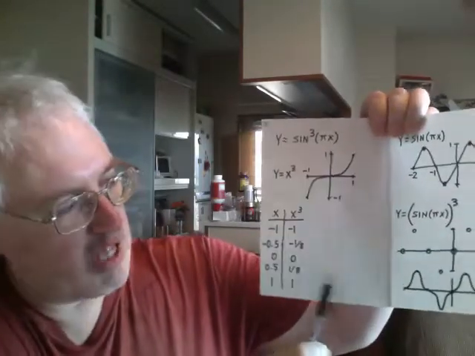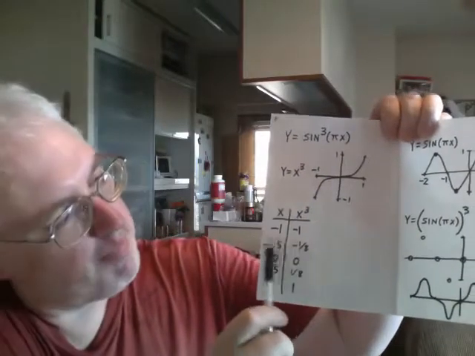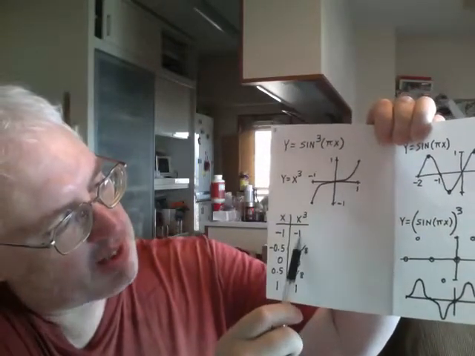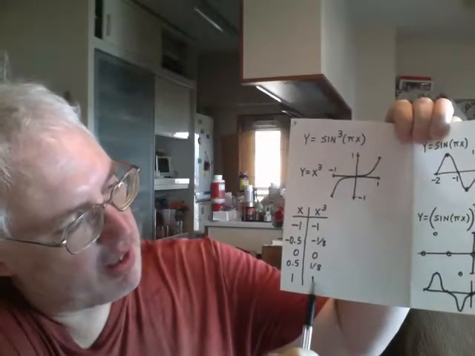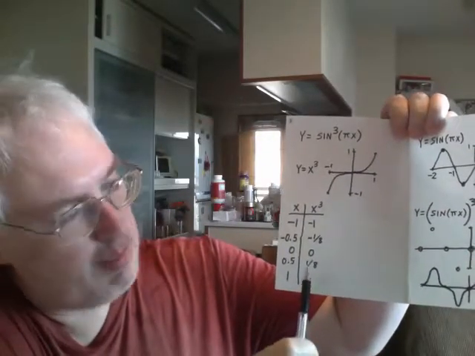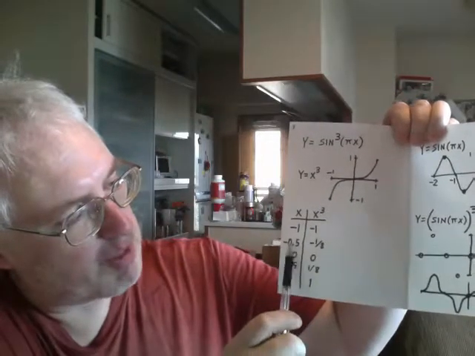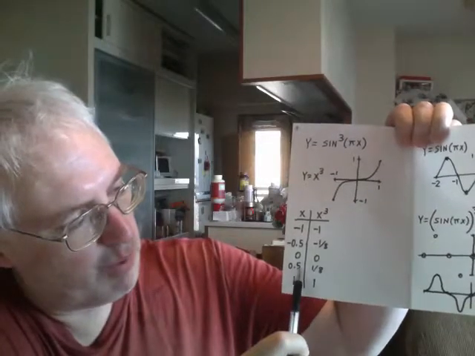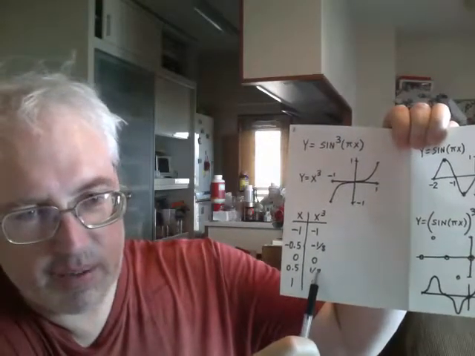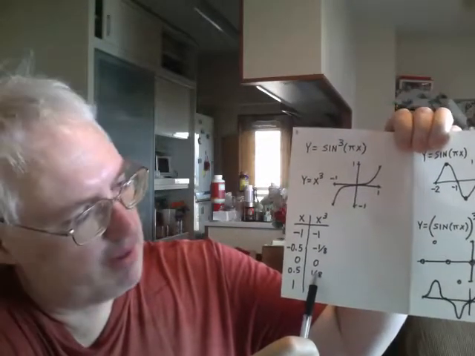If we make a small table to explain that, -1 stays where it is, 0 stays where it is, and 1 stays where it is. Now the numbers in between will become smaller, like 0.5, or 1/2. When we cube that, we get 1/8, which is 0.125.